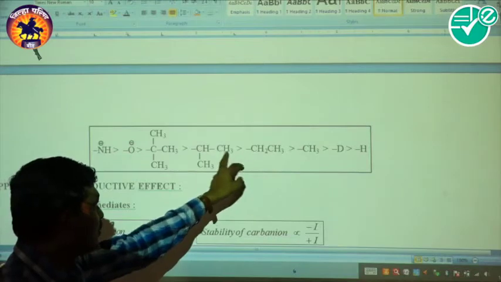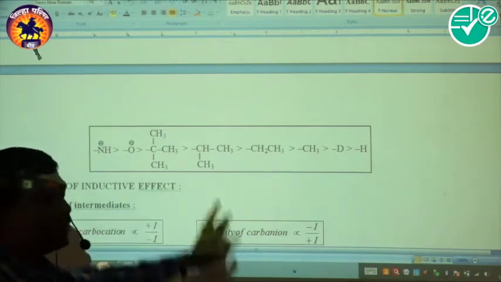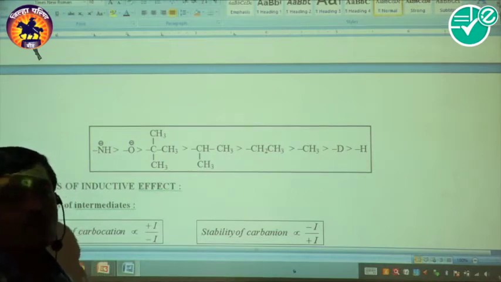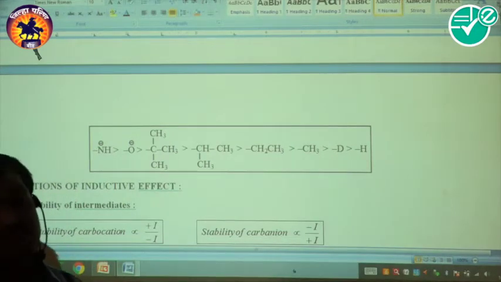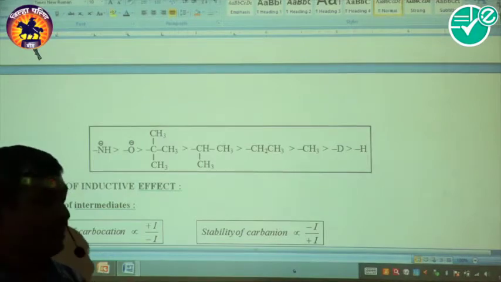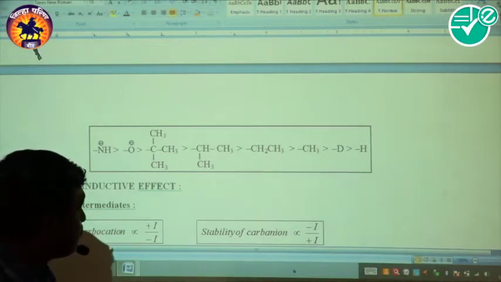So here, primary, secondary and tertiary: tertiary has more positive inductive effect than secondary, and secondary more than primary. In this way the positive inductive effect is to be observed here.